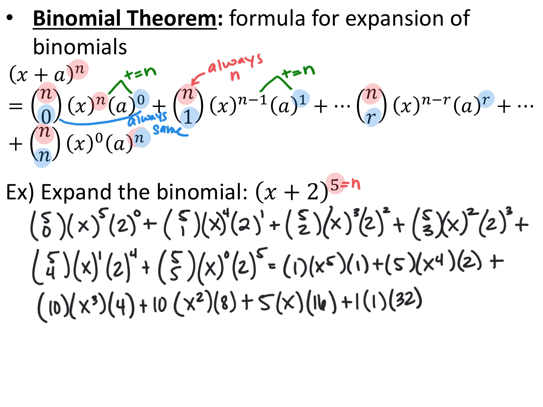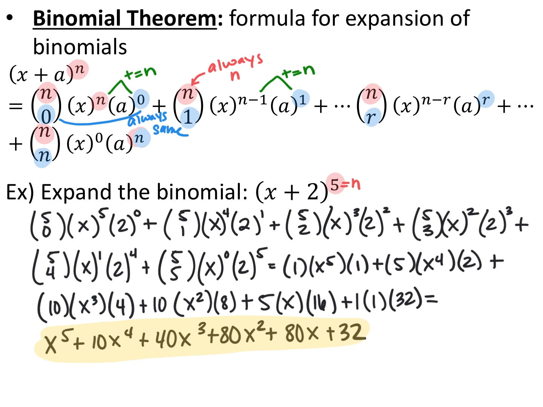And then I just raise x to whatever power it asked for. Anything to the 0 power is 1. Same thing with 2, raised to a power, so anything to the 0 power is 1, and then raise them all to the power. And now I'm going to multiply everything together and write out my full expansion. So when I multiply everything together, my full expansion ends up being x to the 5th plus 10x to the 4th plus 40x cubed plus 80x squared plus 80x plus 32.